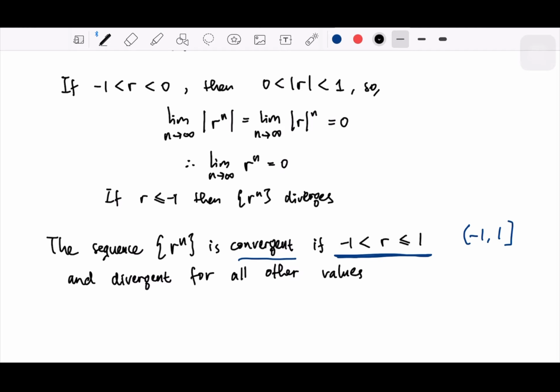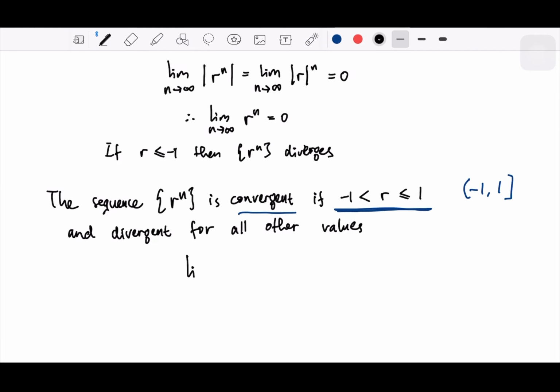And how about the number for the convergent? How about the value? Then we can say the value can be 0, it can be 1, depends on the interval as well.